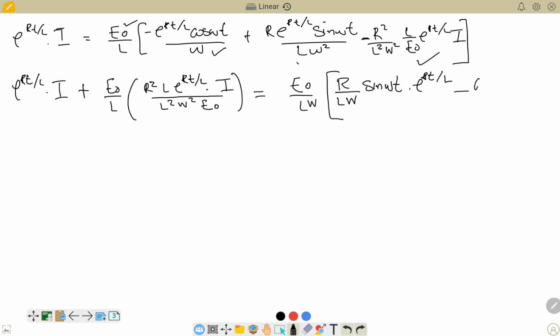So I will have minus cos wt, because I factor out w, I won't have w anymore. So I will have just e to the power rt over L on that term.